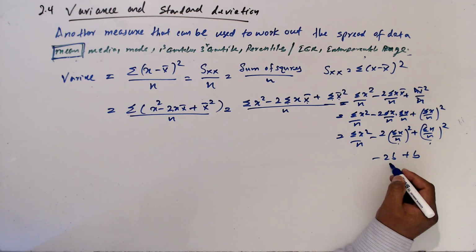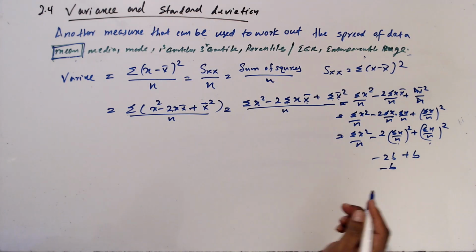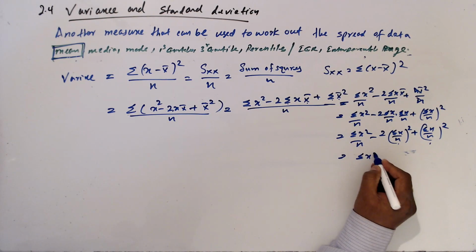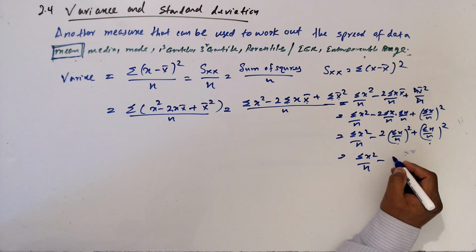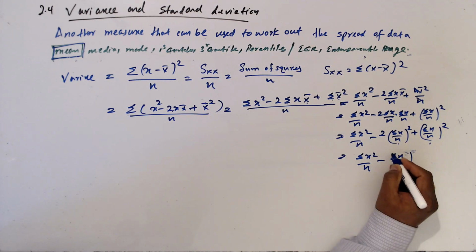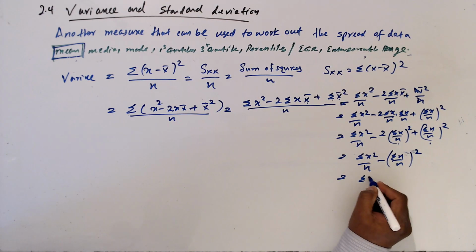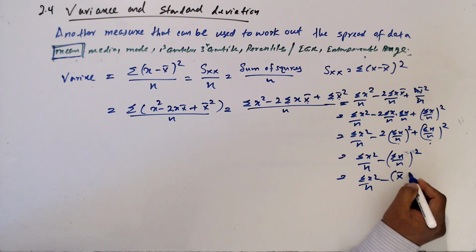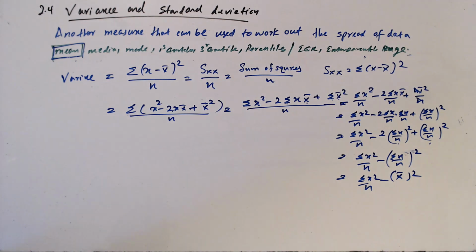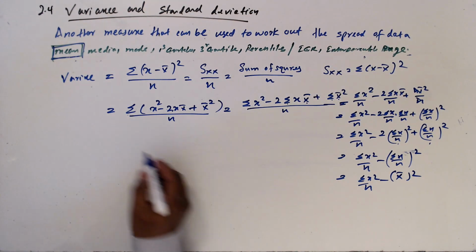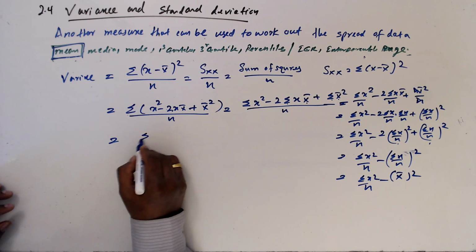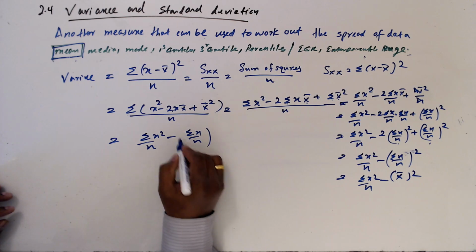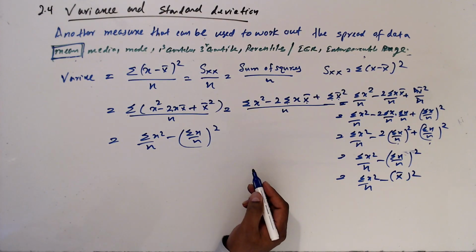If this is b, then the answer is minus b. So likewise, this is going to be summation x square over n minus summation x over n squared. In other words, summation x square over n, and summation x over n means x bar, so finally we can write summation x square over n minus summation x over n squared. You can see this one in the book.